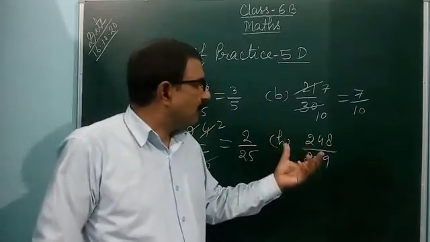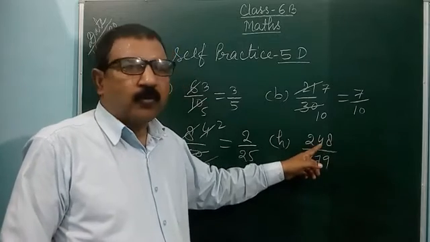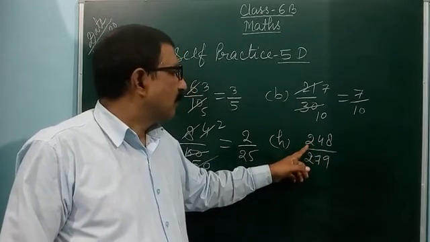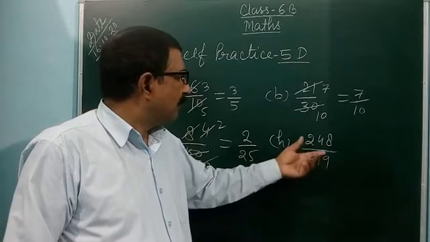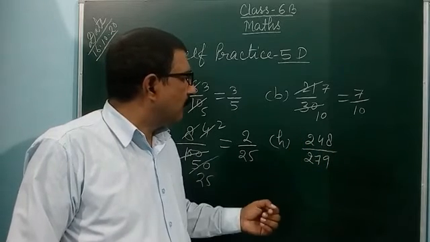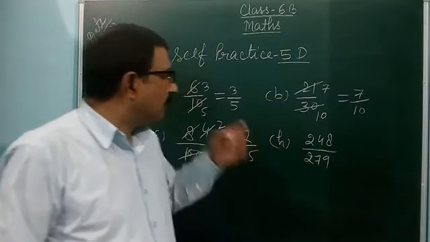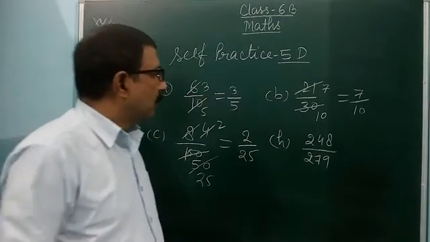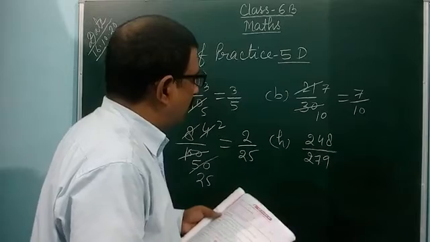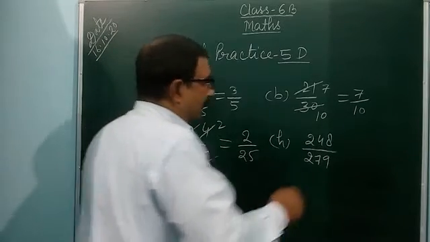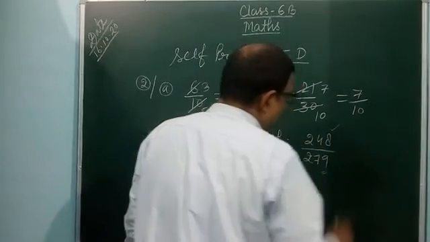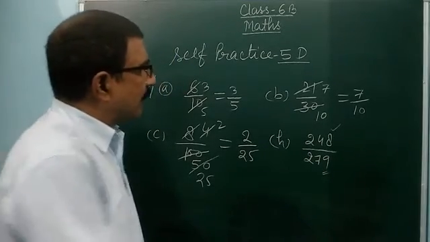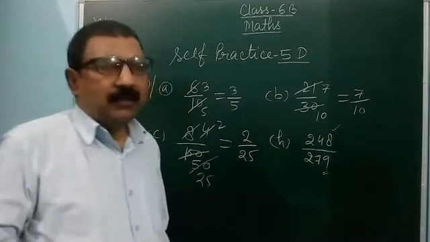You can add the digits of 248: 8 and 4 is 12, and 2 is 14, so by 3 also it is not divisible. You can try other numbers. But you can see this is an even number and this is an odd number. So it is already in the lowest form.